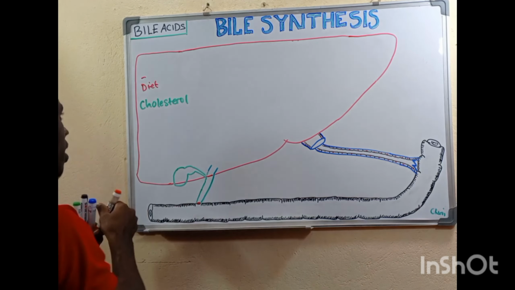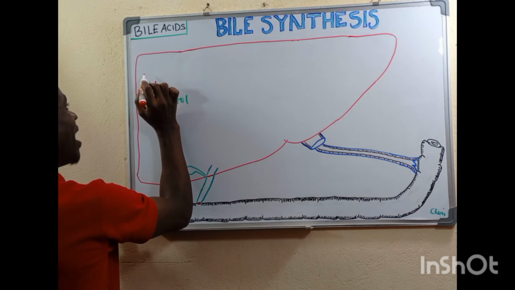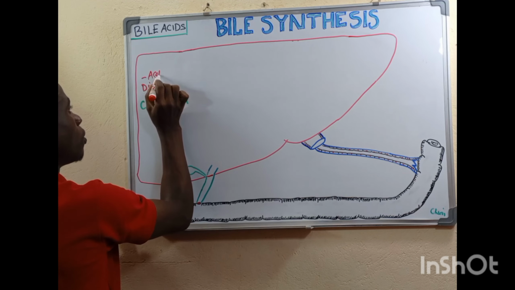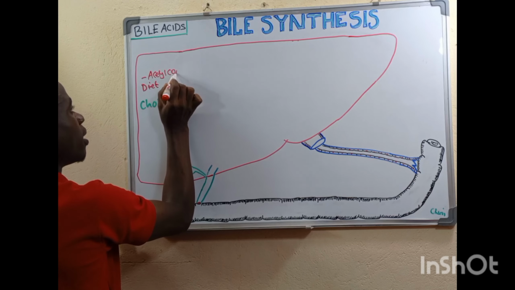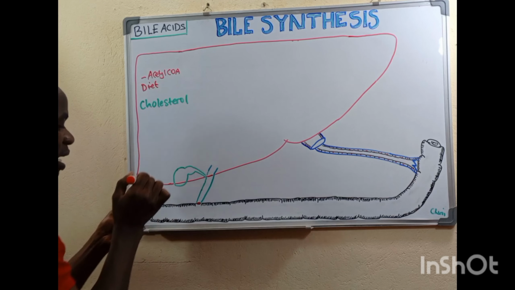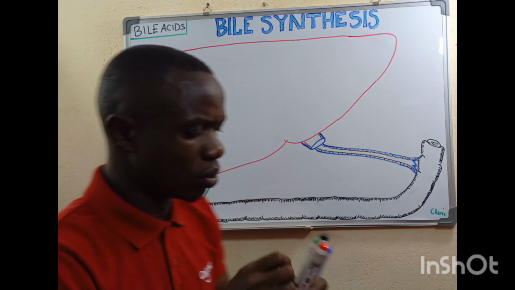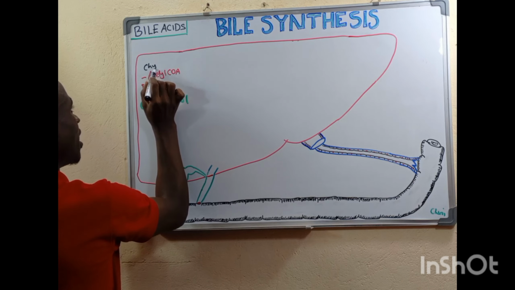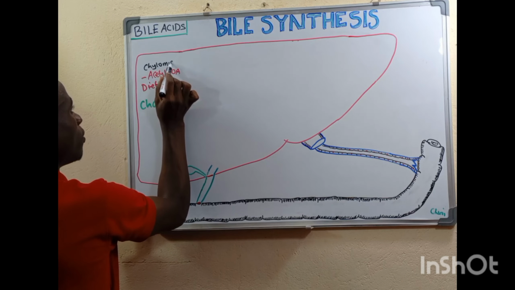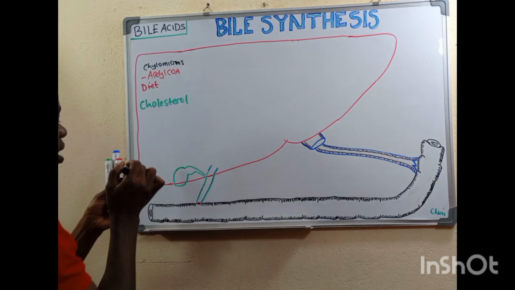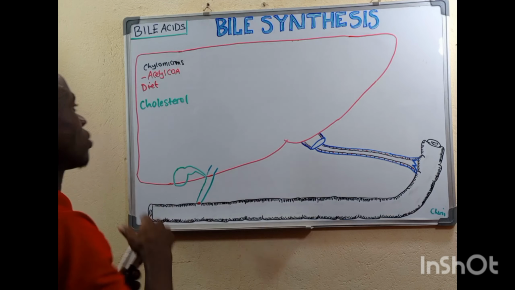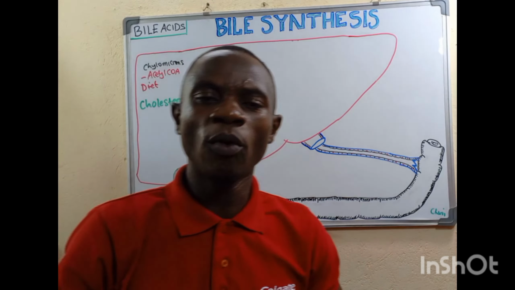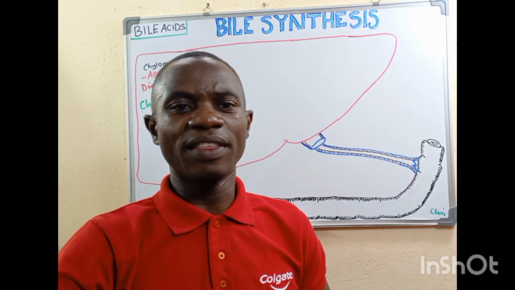It can make cholesterol from acetyl-CoA, and also from chylomicrons. Okay, so now these are going to be the main sources of the cholesterol from where we are going to be getting the bile acids.